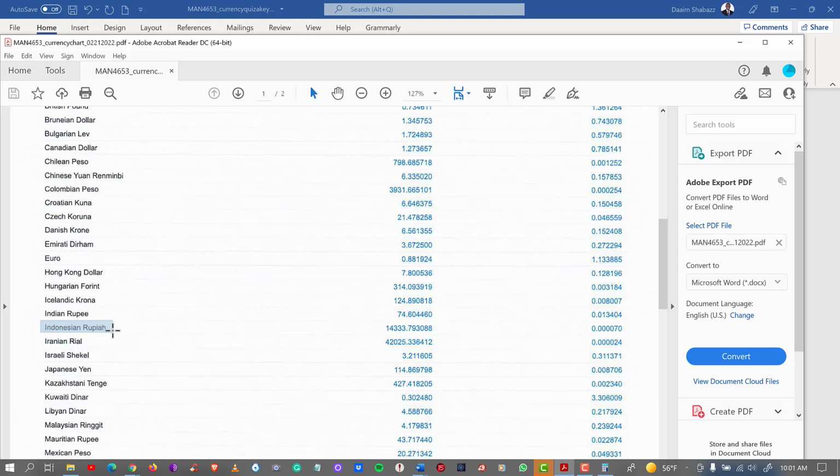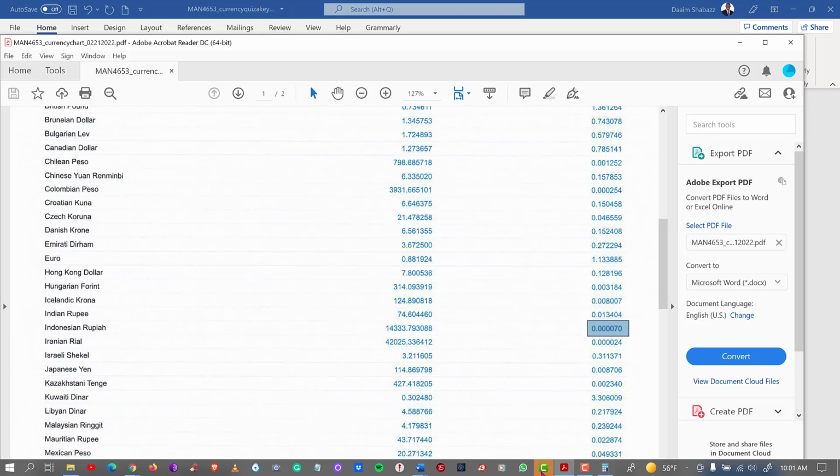And here we find it. We want to know how much 1 Indonesian rupiah is equal to in US dollars. Now note that this column here is how much $1 is equal to in Indonesian rupiah. This one is how much 1 rupiah is equal to in US dollars.